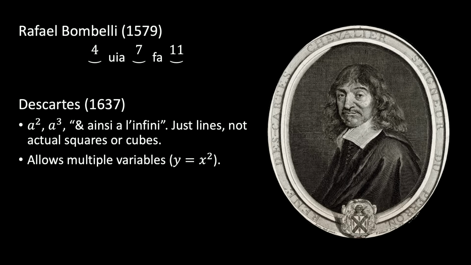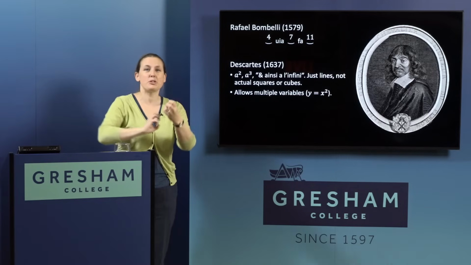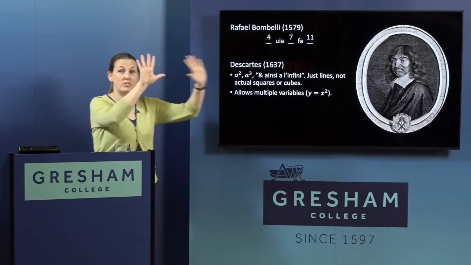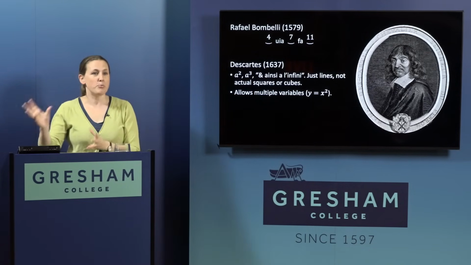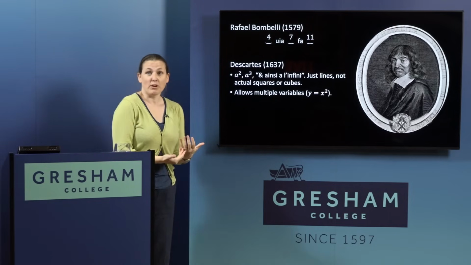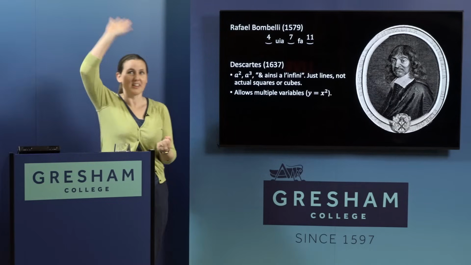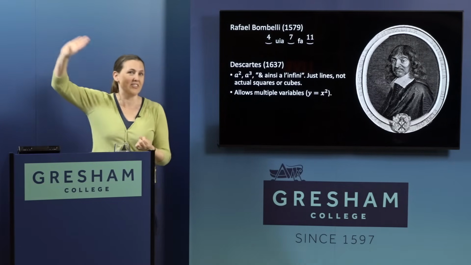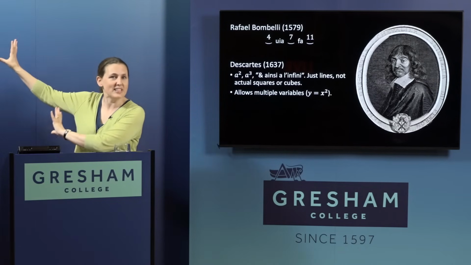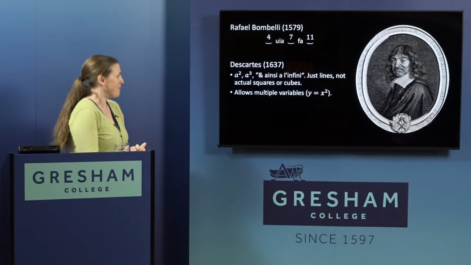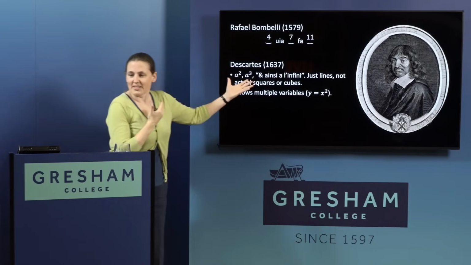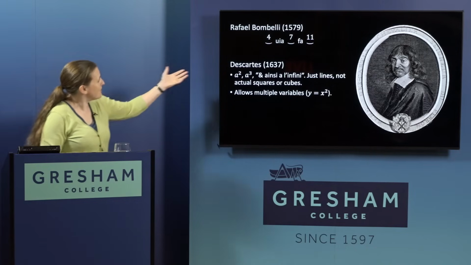So y equals x squared, not how he would write it, but that kind of relationship between 2 variables that you can plot on the plane allows you to move away, and so then there's nothing to stop you writing y equals x to the 5, and looking at that. You don't have to be thinking it's all 5-dimensional or something, and then dismissing it as being beyond nature, as Cardano would have done.